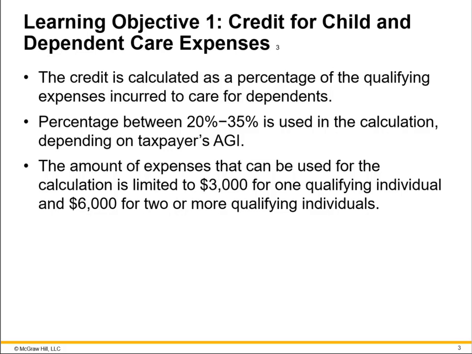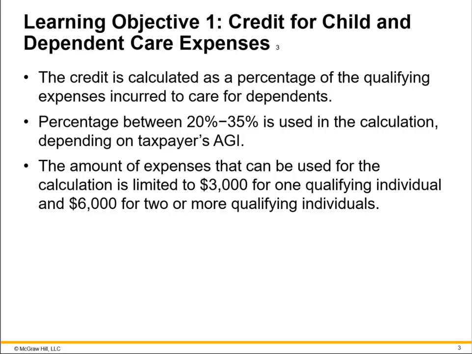Okay, and then there is this other wonderful restriction that can seem somewhat onerous on this credit, and that is how much you paid. It doesn't matter if you paid $10,000, because the only amount of the expenses you can consider is $3,000 if you have one child or qualifying individual, and $6,000 if there are two or more.